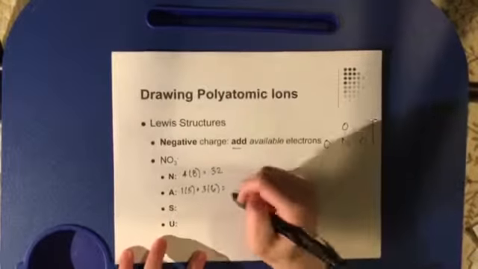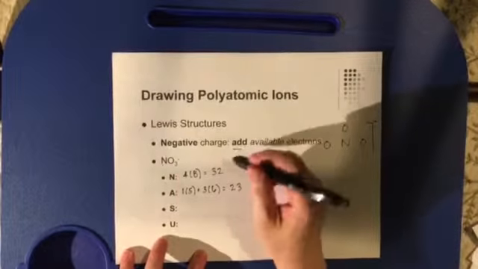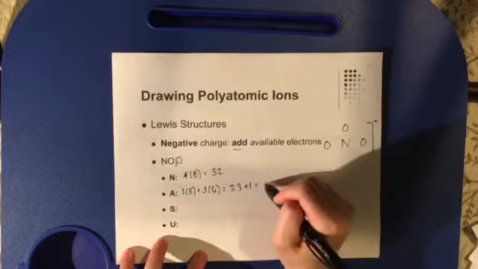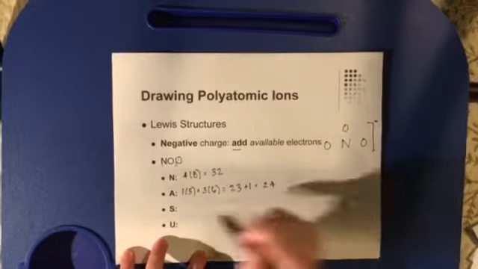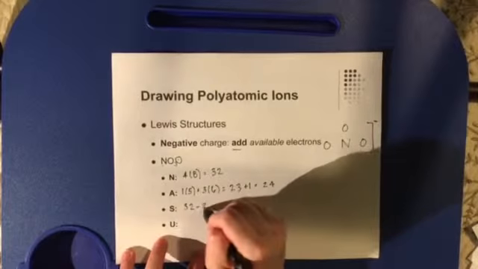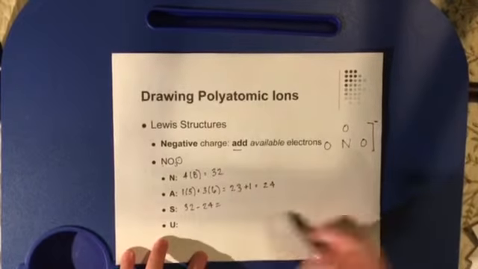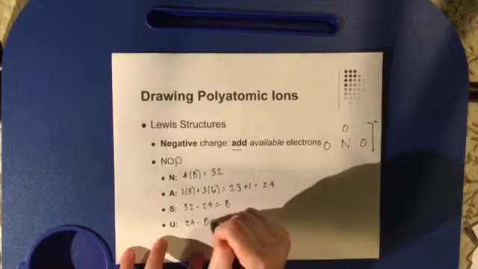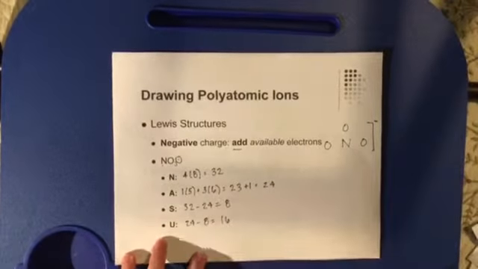So 18 plus 5, 23. But you have this negative charge, add 1 electron, gives you 24. 32 minus 24 equals 8. 24 minus 8 equals 16.